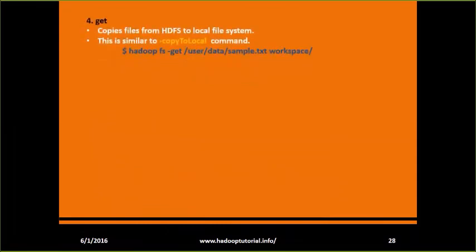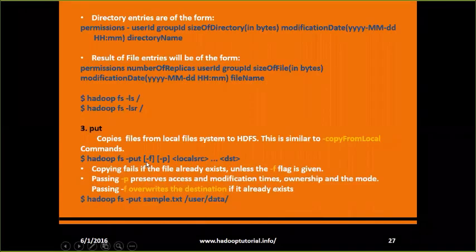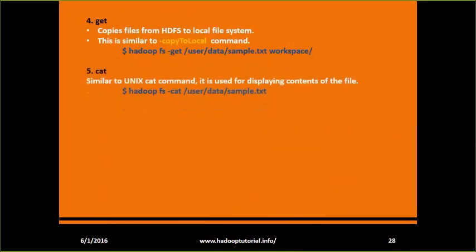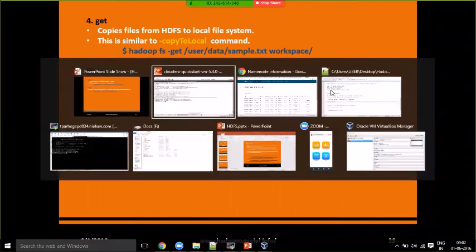Similarly, instead of the put command, you can use copyFromLocal as well, which acts the same as the put command. And same way you have the get command, where you can get your HDFS file into your local file system.